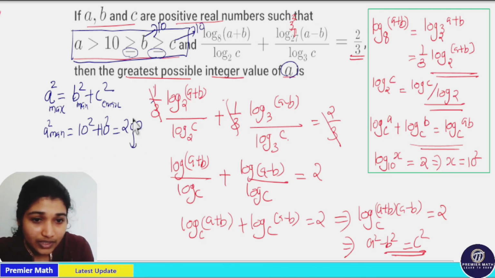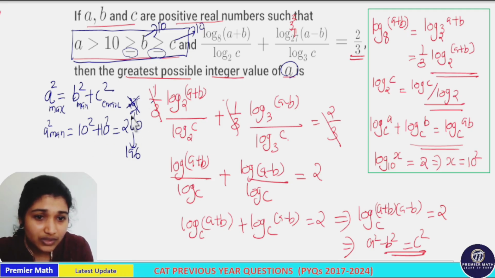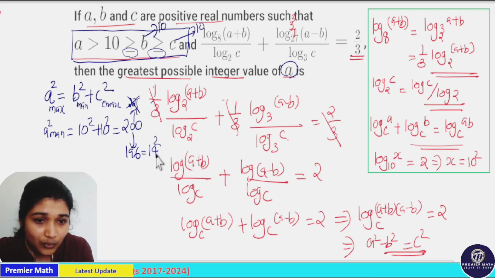Now here the nearest squares to 200 are 225 and 196. 225 we can ignore because we need the maximum value, and the maximum value is 200; 225 is above that. So here 196 means 14 square.